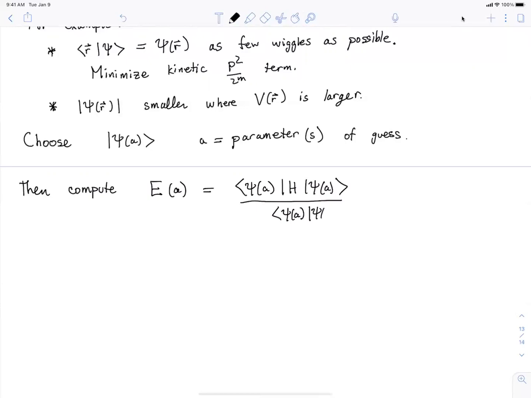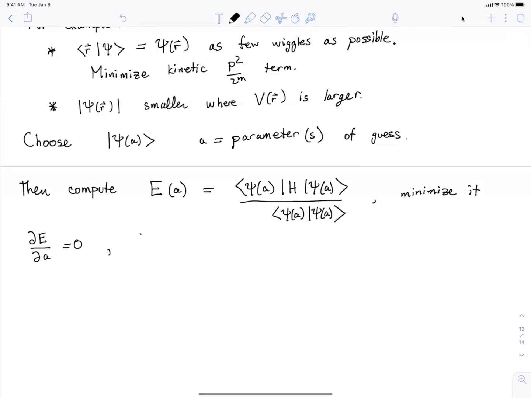And so what we're really doing is lots of guesses all at the same time. And now we're going to choose the best guess by minimizing this. So minimize it, which means that we're going to look for an extremum, which is where its derivative equals 0.